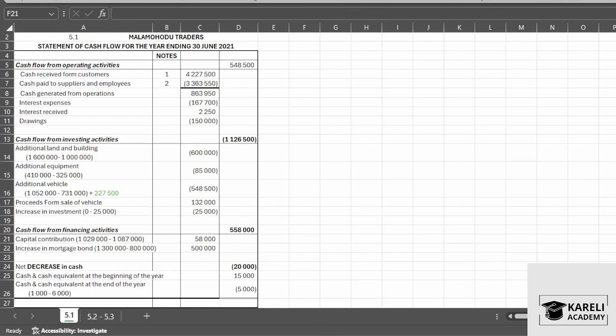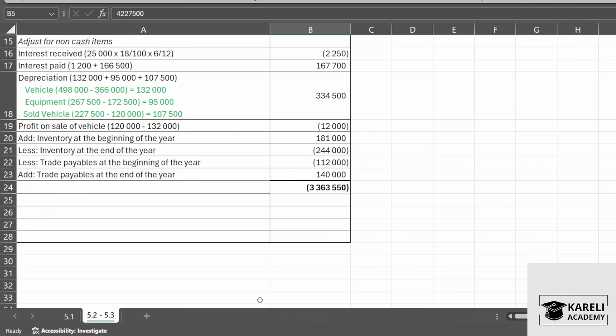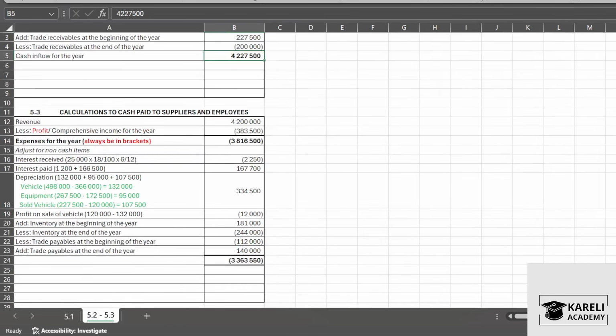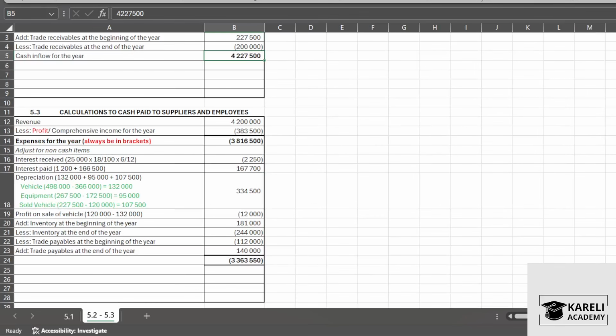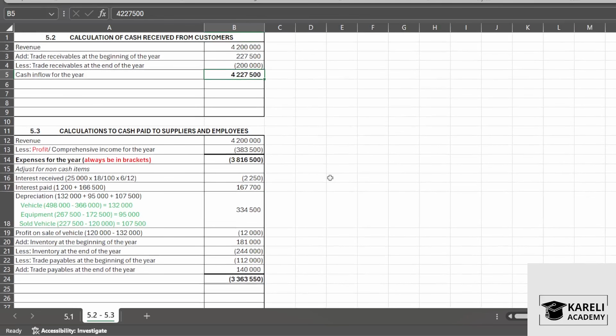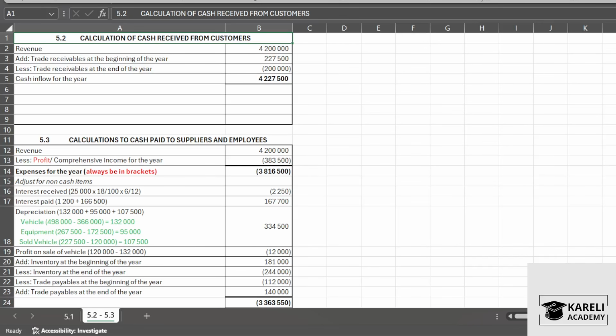You can pause and check. And then here are also the notes or calculations from the beginning. You can pause and check. And that is the end of question 5.